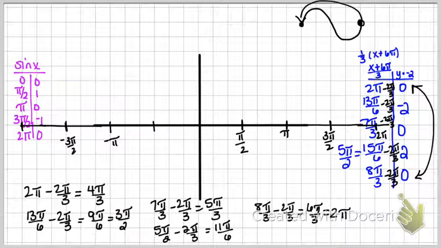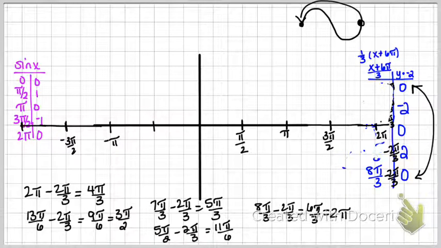So I'm going to clean my table up a little bit, because our table's kind of messy here, hopefully. And so we can see that we had 4 pi over 3.